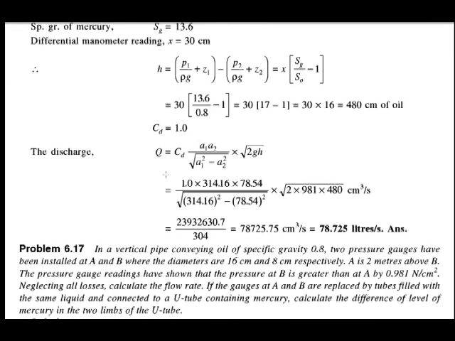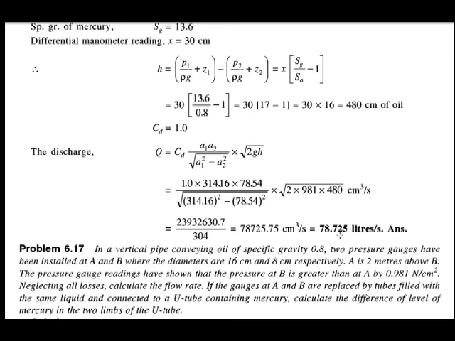Then the formula for the discharge is CD A1 A2 upon square root of A1 square minus A2 square, into square root of 2GH. Now put all the values into the equation. We will get the final value of the discharge as 78,725.75 centimeter cube per second. So in liter per second the value is 78.725. So here is the answer of our question.